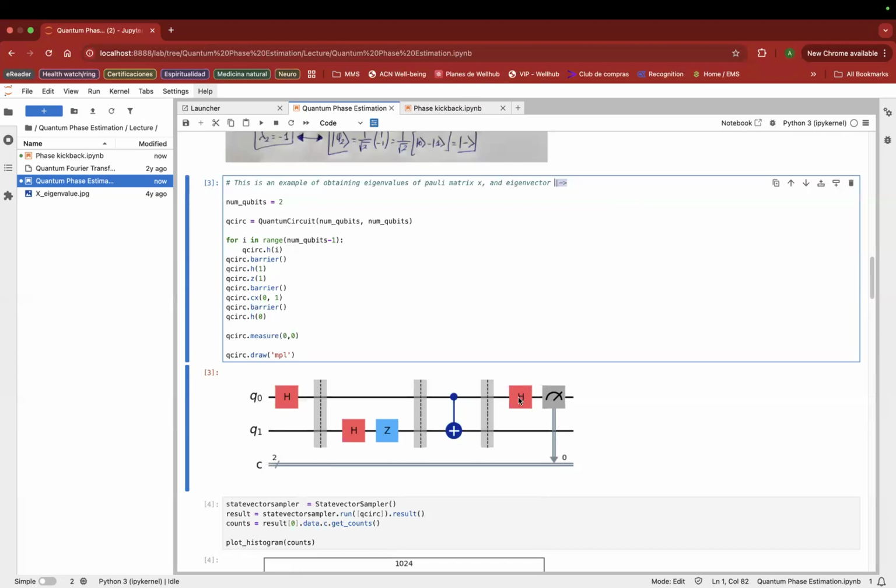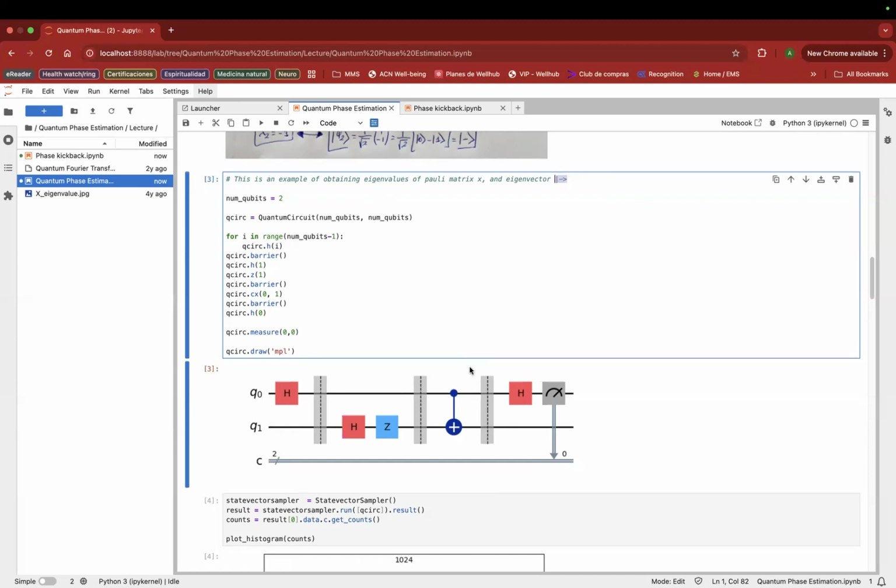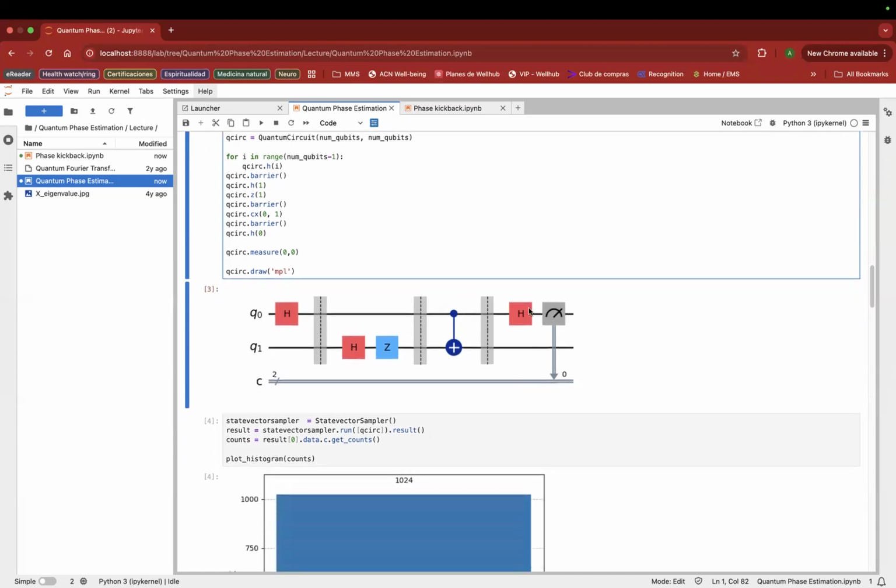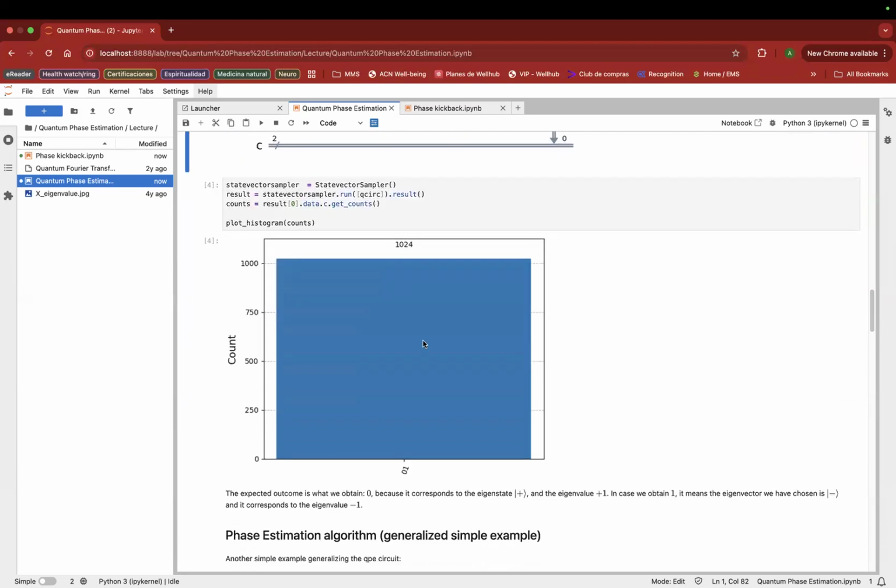For a single qubit, it can be said that the Hadamard is both the quantum Fourier transform and the inverse quantum Fourier transform, because H is equal to H dagger. Okay? And then if we measure this final qubit here, what we get is 0, 1. That is the expected outcome.